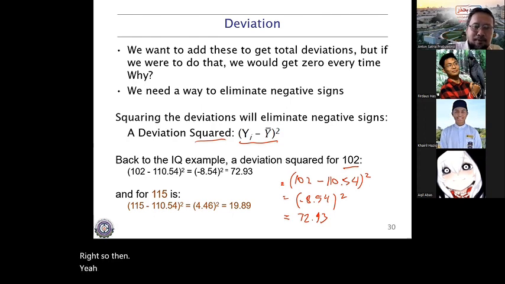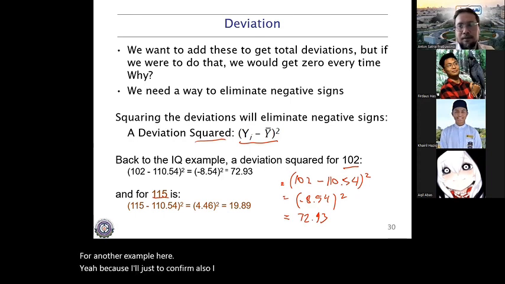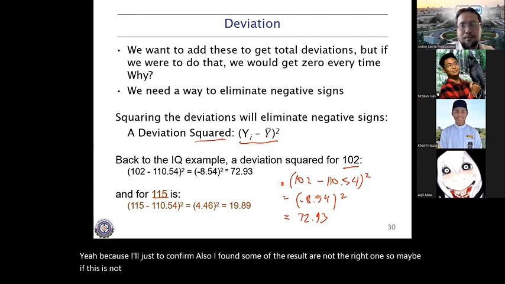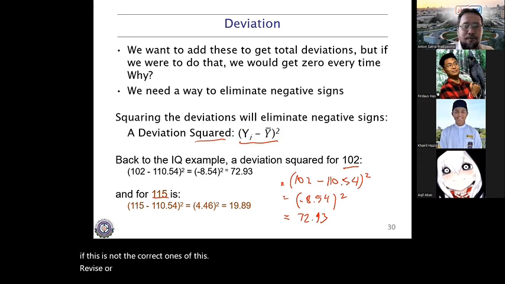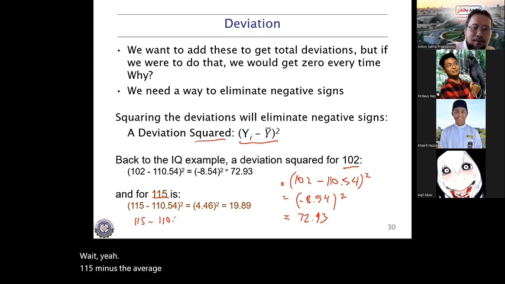For another example here, just to confirm also, I found some of the results are not the right one. So if this is not the correct one, please revise or please inform me here. This one, the same way, 115 minus the average or the mean, to calculate, and square.